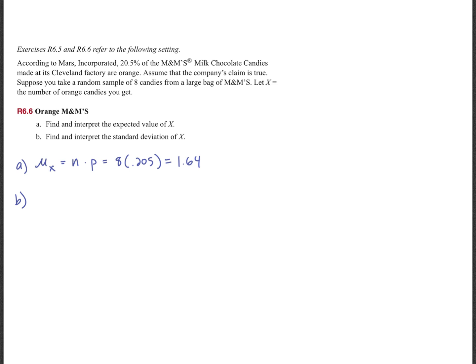Okay, B. The standard deviation has a different formula for the binomial setting. The formula is the square root of n times p times 1 minus p. That would be 8 times 0.205. It starts off the same as the expected value, and then you times it by 1 minus p, which would be 0.795.